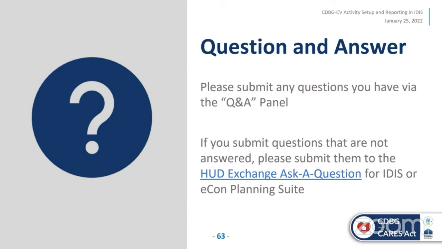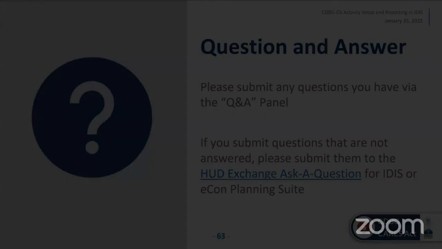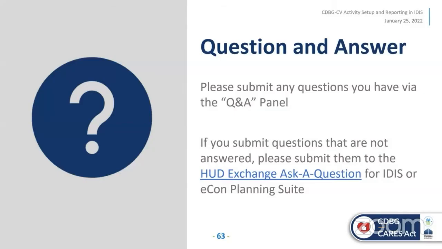So it doesn't matter then. It's just going to calculate no matter what activities they're in, right? It's just seeing what you've spent versus what you have, correct? Correct. Only based on the regular formula CDBG funds, program income, and revolving funds.